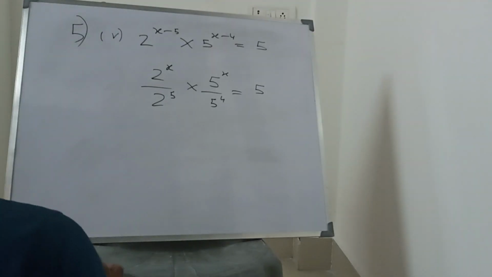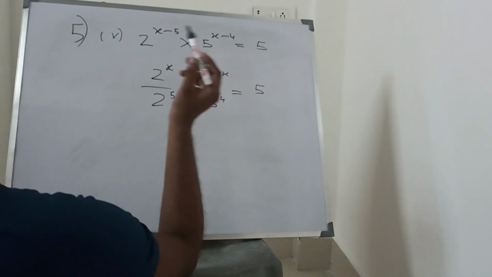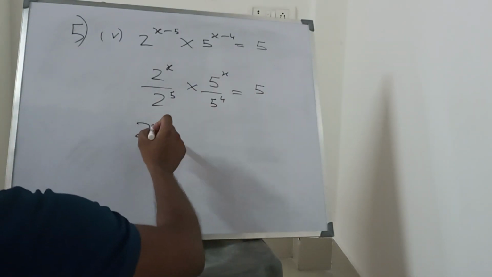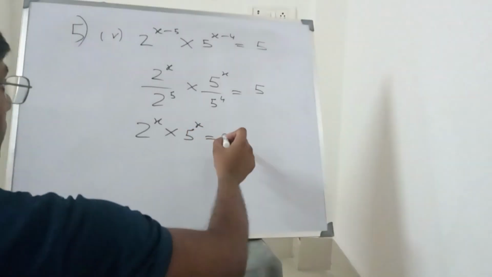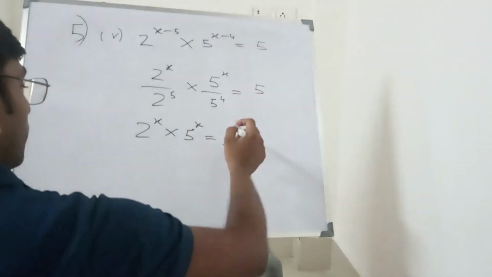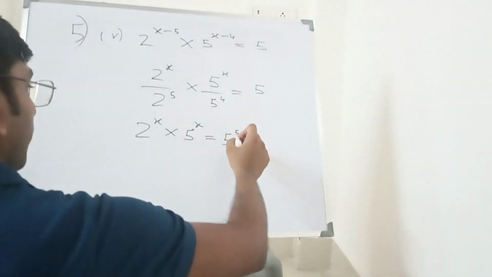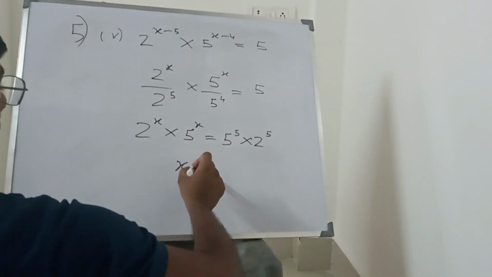So if we drag this and multiply it in this part, it will be 2 to the power x into 5 to the power x into 5 to the power, this 4 and this 1 get added up and get 5, into 2 to the power 5. It clearly suggests that x will be 5.